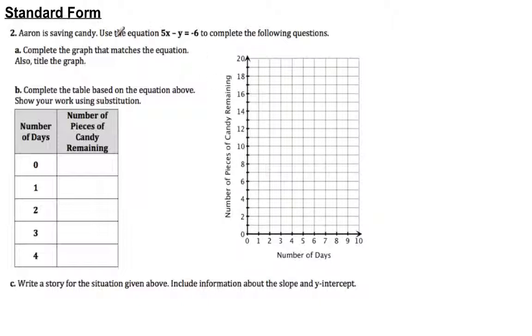Okay, so we're given this equation. Aaron is saving candy according to this equation: 5x minus y is equal to negative 6. Now, before we do anything, we got to get that into y equals slope-intercept form. So we subtract 5x from both sides.